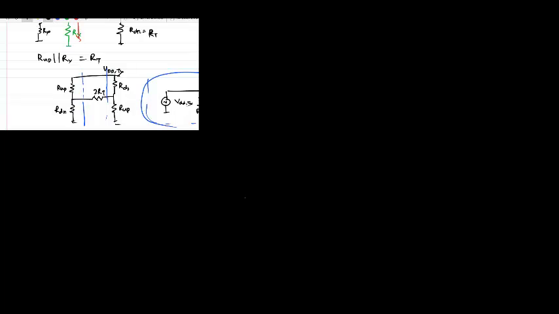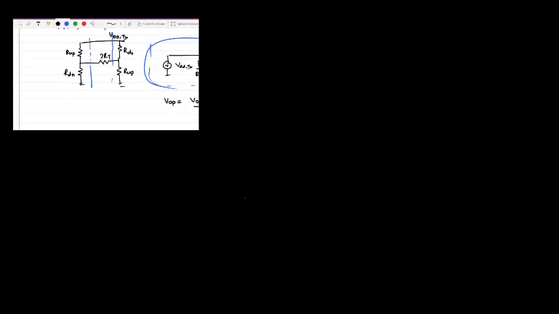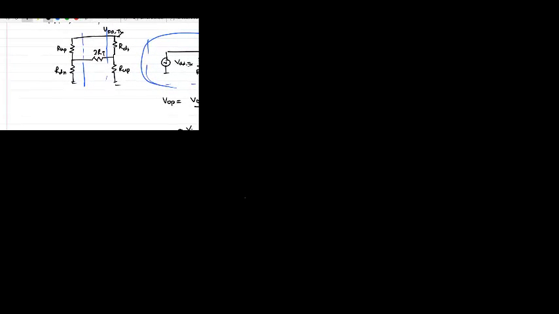Okay, so let me just simplify this. VDD TX by 2 plus, if you see, this will be equal to 1 by R down times RT, right? So you will just need to expand this part. This is equal to R up R down divided by R up plus R down.